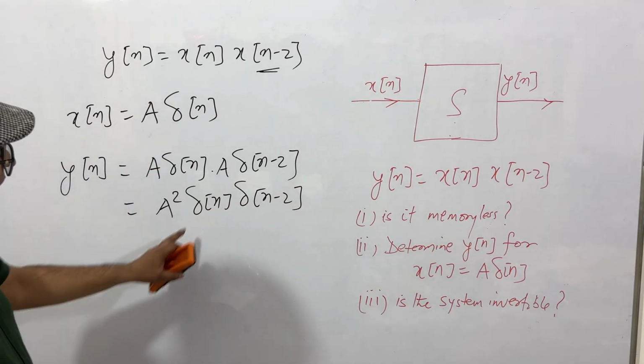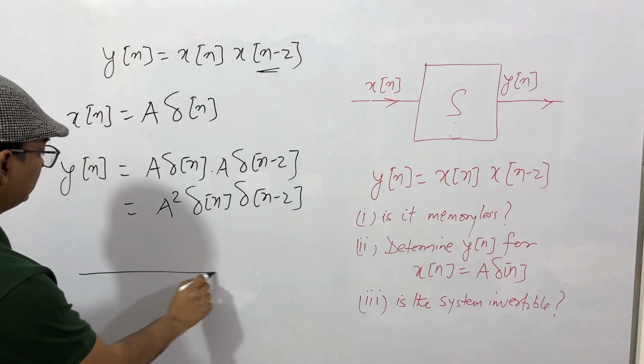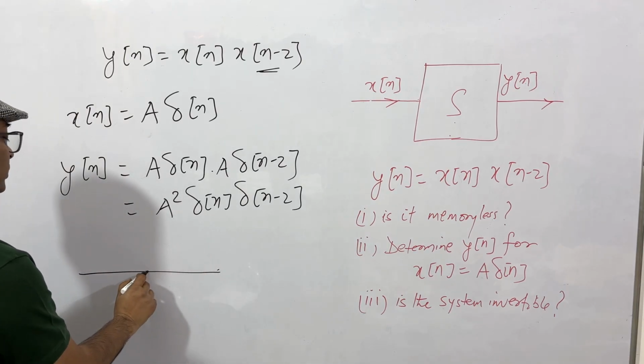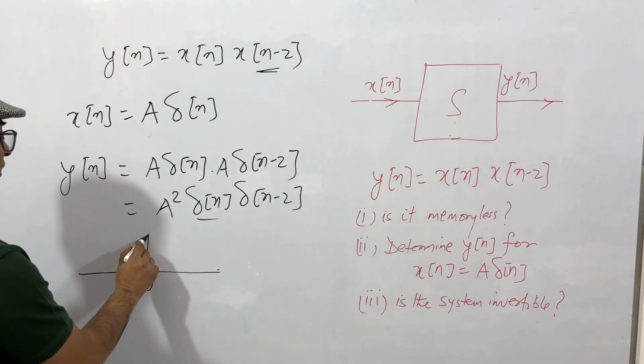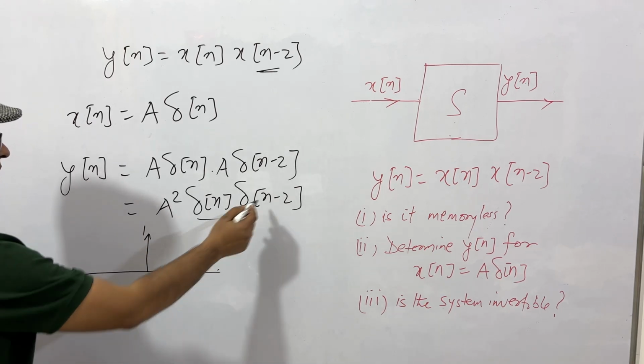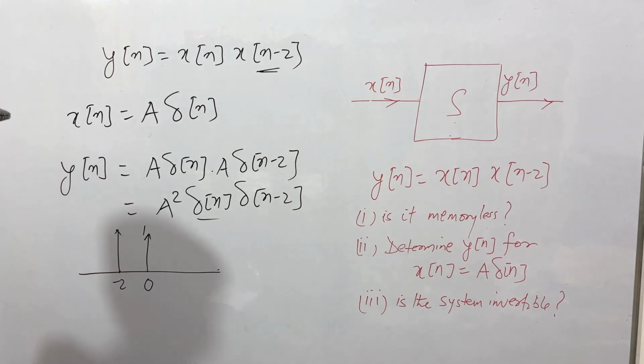But try to understand this. What is the meaning of this? See, at n equal to 0, you have this value, this unit impulse. This is delta[n minus 2]. So at minus 2, this.